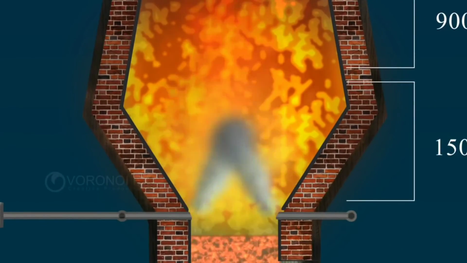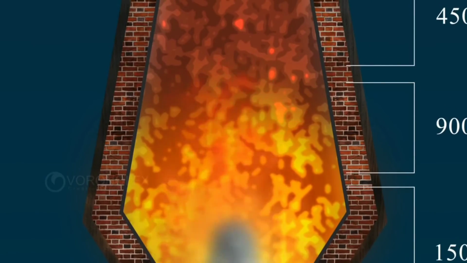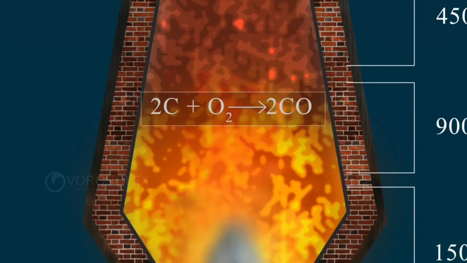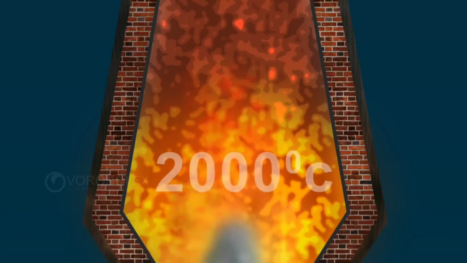During the flow of hot air from bottom to top, coke combines with oxygen in the air to form carbon monoxide. 2C on reaction with O2 forms 2CO. Due to this reaction, a large amount of heat is released, and thus the temperature of the blast furnace increases to 2000 degrees Celsius.